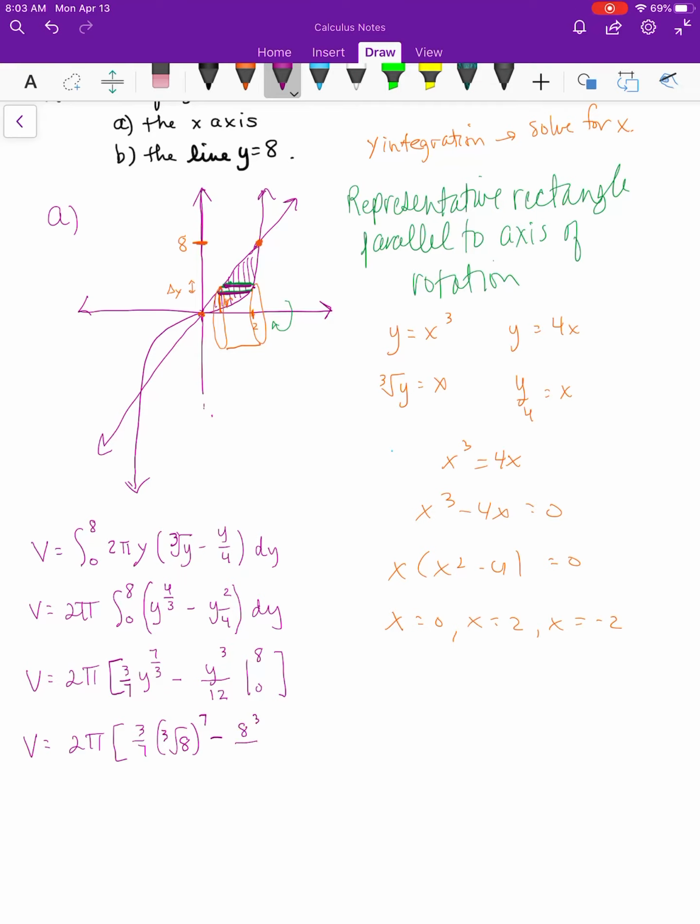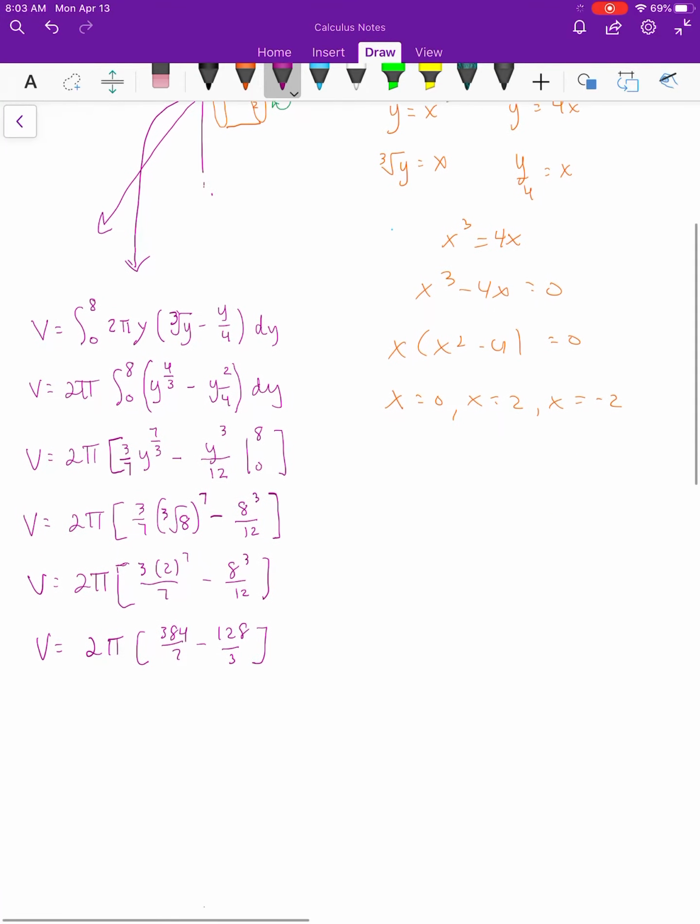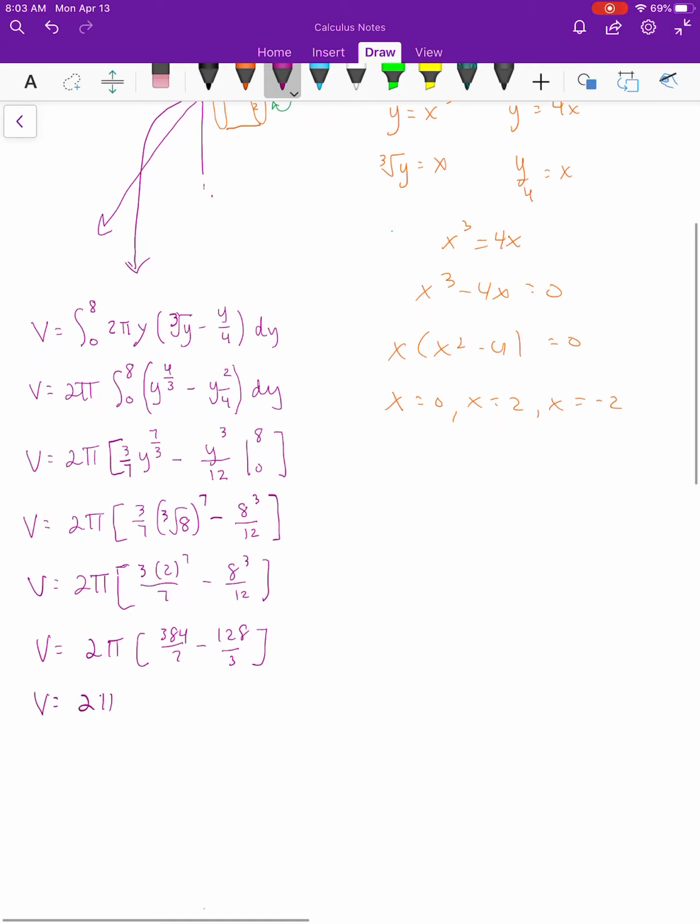And remember, this is going to be the cube root of 8, when I put that in there, to the 7th power, minus 8 to the 3rd over 12. And then minus putting a 0 in would just give you 0, so I'm not going to worry about that one because there's a y in both of these terms. And so now, this is going to be 3 times 2 to the 7th over 7 minus 8 to the 3rd over 12. That is 384 over 7 minus 128 over 3.